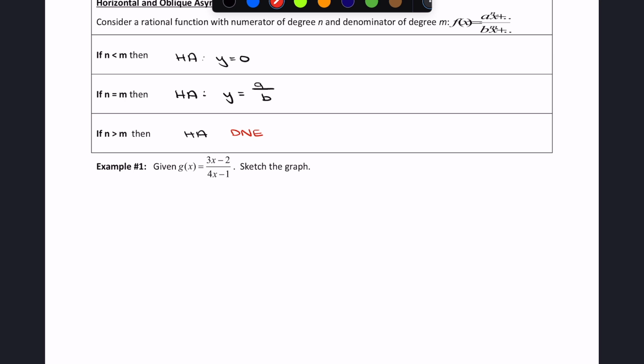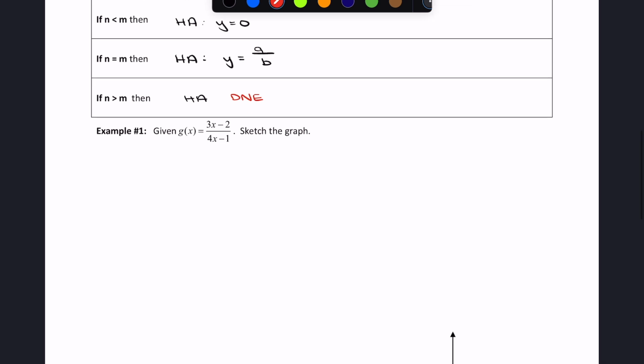Okay, let's take a look at this. Here we have an example. It says given g of x is equal to 3x minus 2 over 4x minus 1, sketch the graph. Here we see that we have n and m values that are the same.